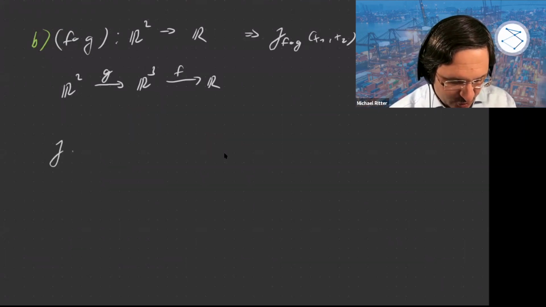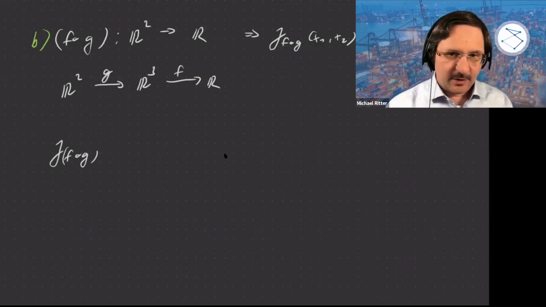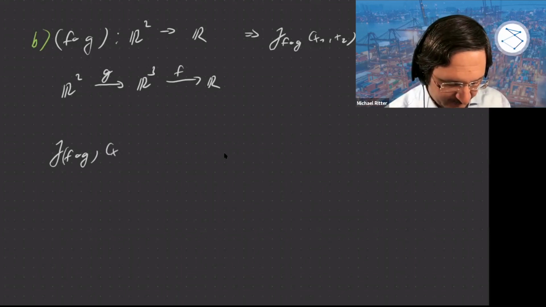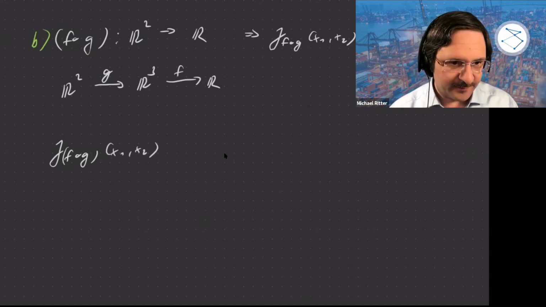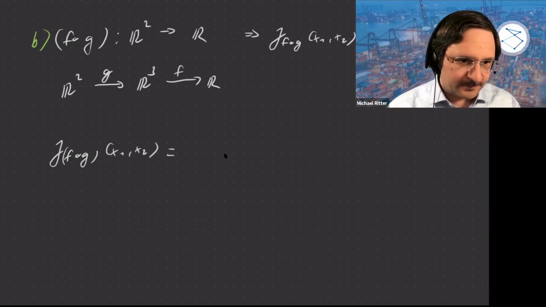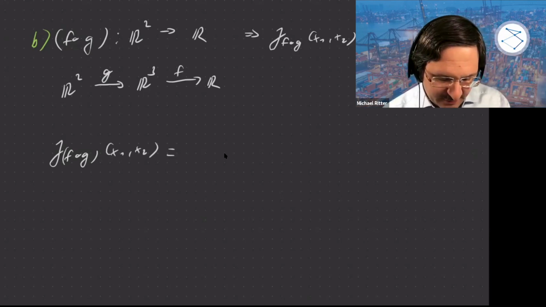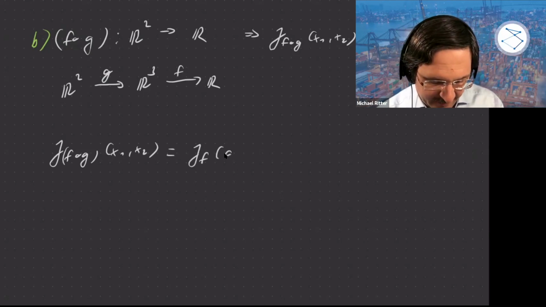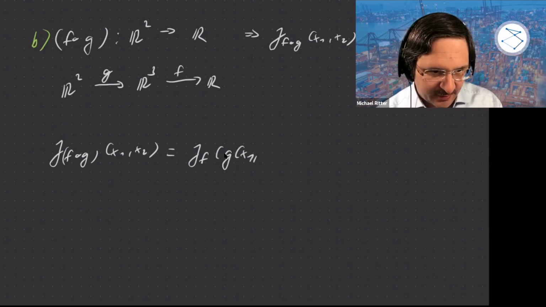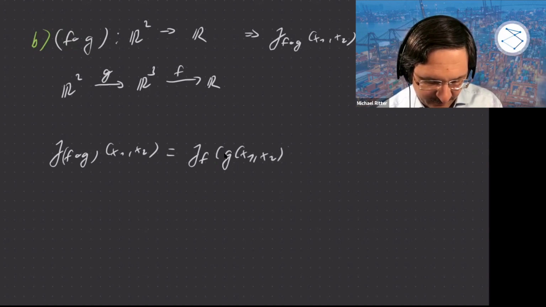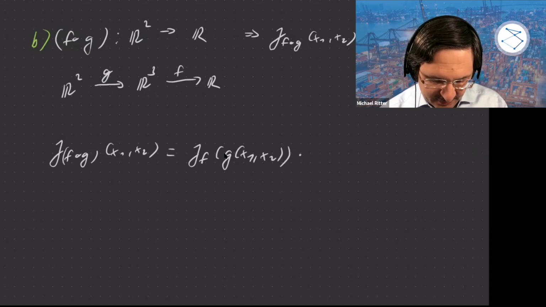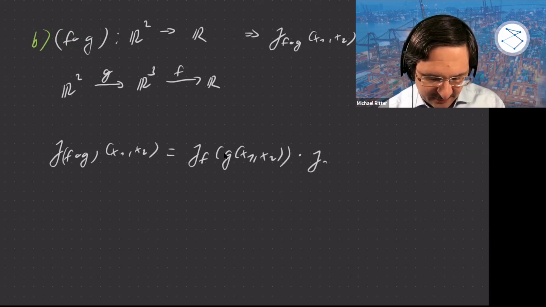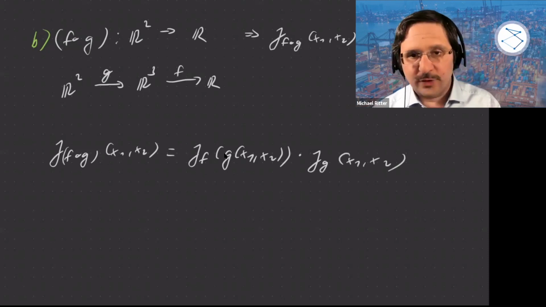This Jacobi matrix of f after g of x1, x2 can be obtained by computing the Jacobi matrix of f at the point g of x1, x2, and then multiplying by Jg of x1, x2.